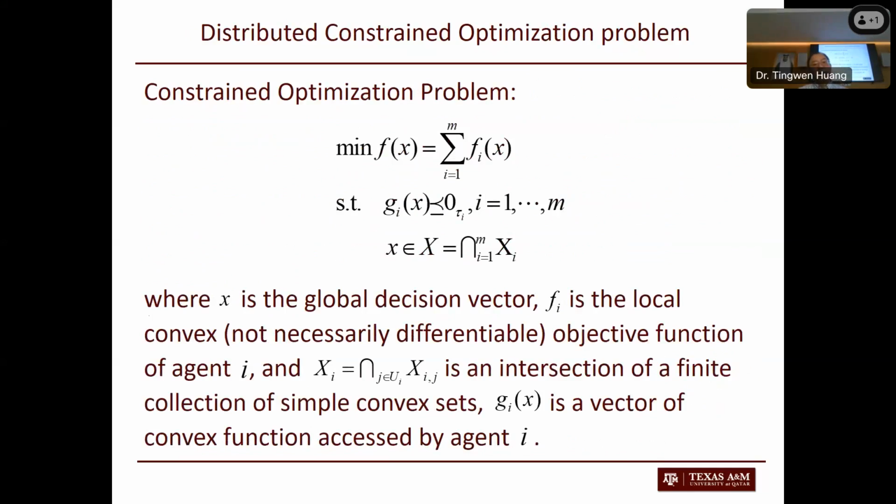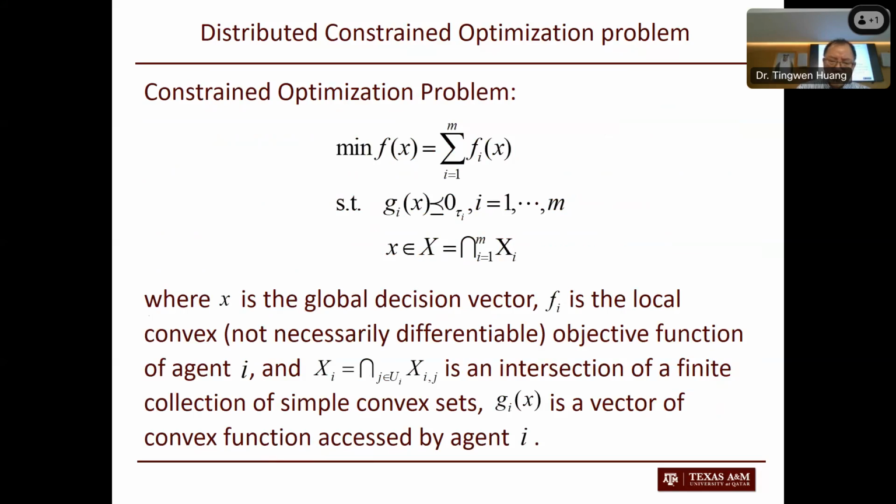So we can convert this problem to the following optimization problem, where x is a global decision vector, fi is a local convex, not necessarily differentiable, objective function of agent i, and Xi is the intersection of Xij, which is an intersection of a finite collection of simple convex sets.